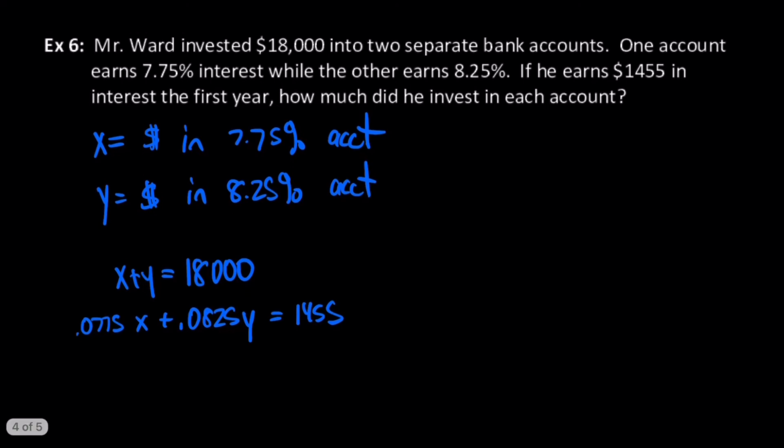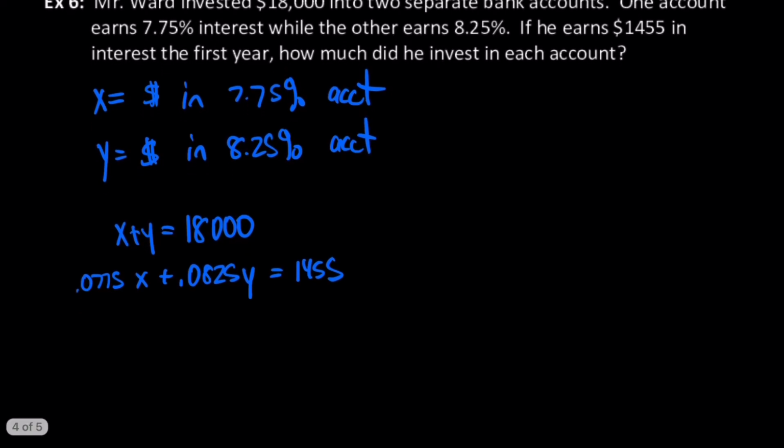Okay. Now, I need to solve this equation. As I mentioned earlier in this lesson, we use elimination quite often. So I notice here, I know it's going to be messy because there's decimals, but I want to multiply this top equation by this. All right, so I will multiply this equation by, let's just make it negative, negative 0.0775.